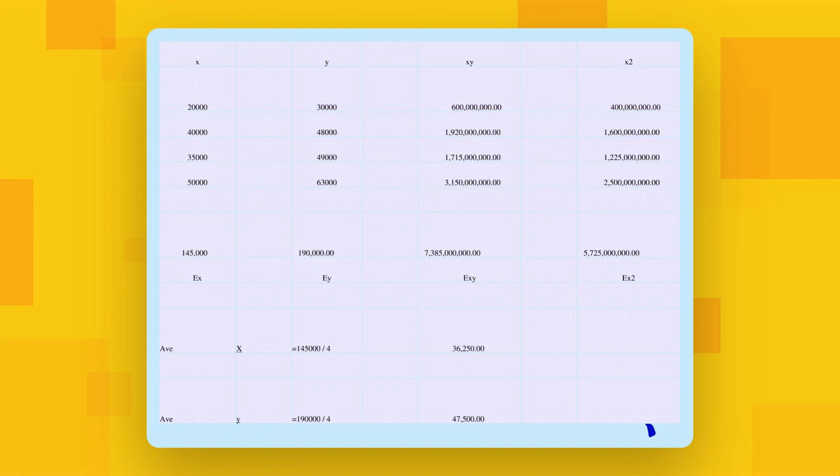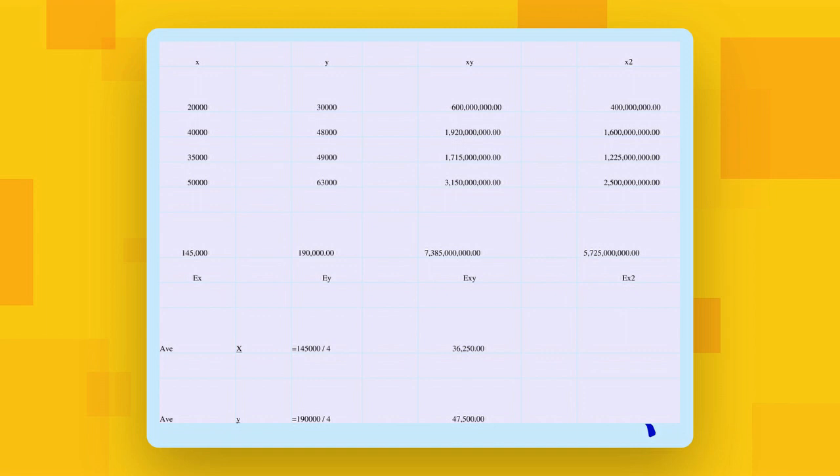Next one. How about in terms of X squared? Your X of 20,000, 40,000, 35,000, 50,000, just multiply each by itself. So 20,000 times 20,000, 40,000 times 40,000, 35,000 times 35,000, 50,000 times 50,000.